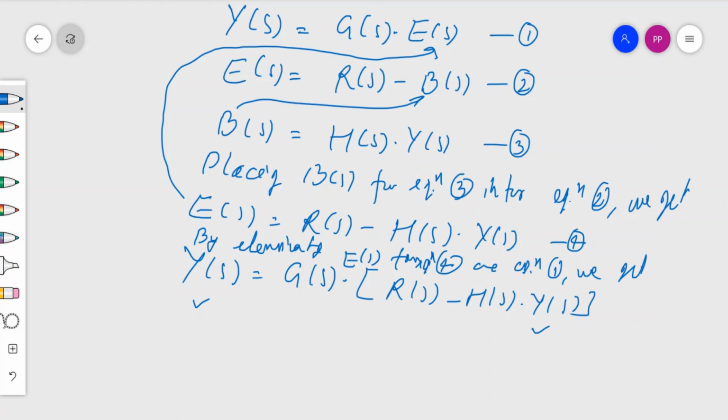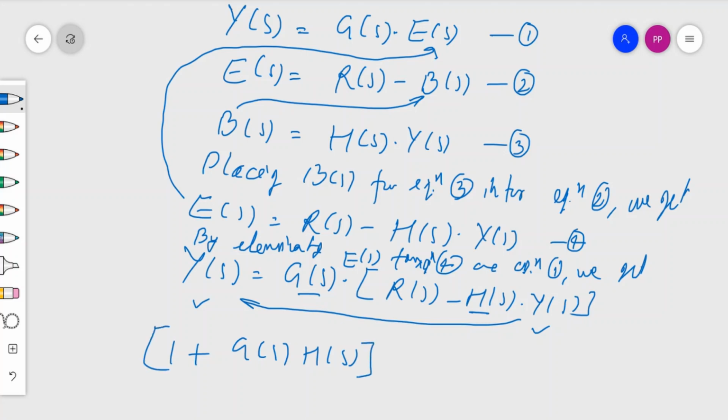So why don't we take the Y(s) terms on one side? If we take this term to the left, we can say that 1 + G(s)H(s), because this term and this term will be multiplied and the negative sign will go since the term is going to the left, so we have Y(s) with this coefficient equal to G(s)R(s).